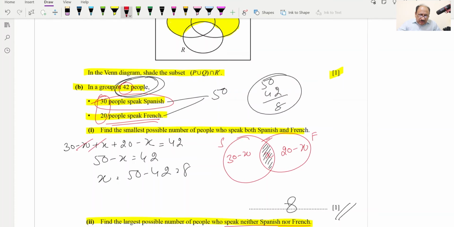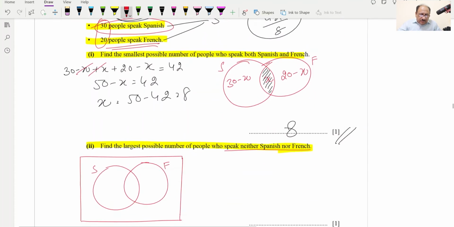we know that 30 people speak Spanish. So if this one is 10, this common part will be 20, because French speaking are 20.